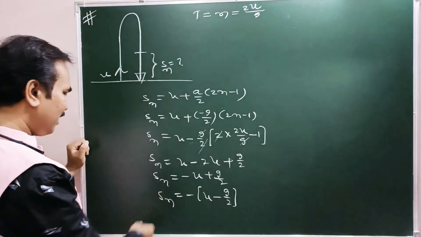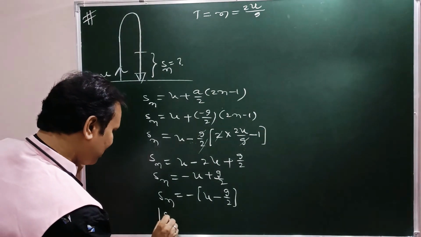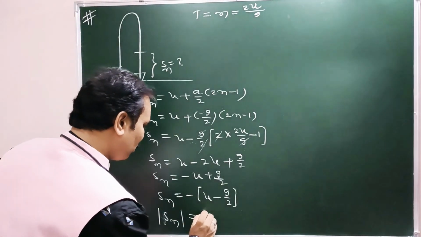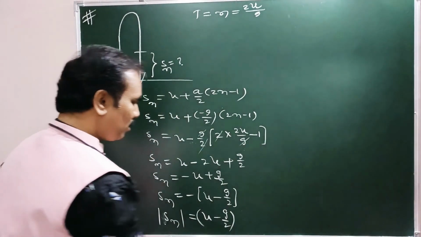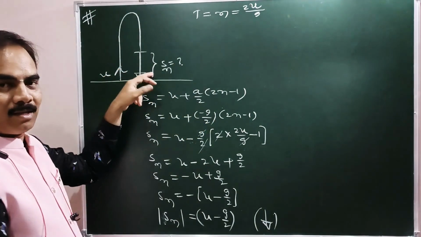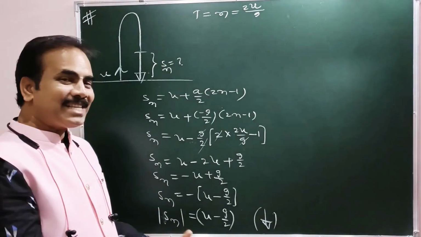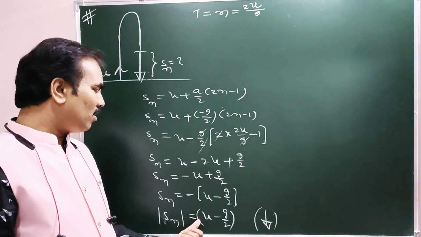Taking the modulus, the distance covered in the nth second of the entire motion, mod Sn equals u minus g by 2.